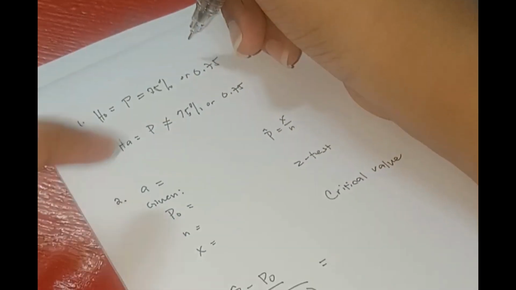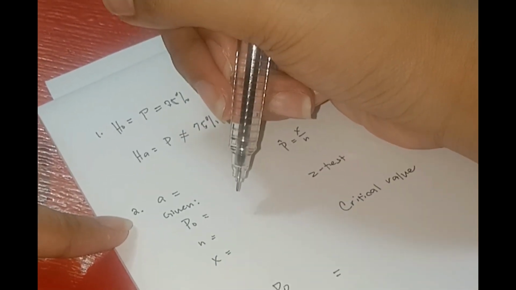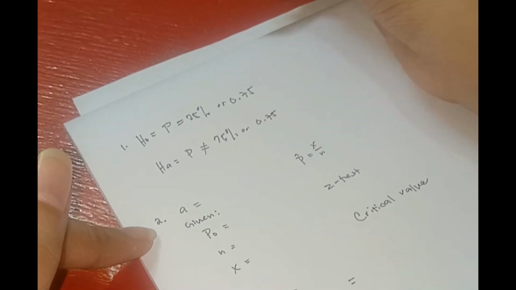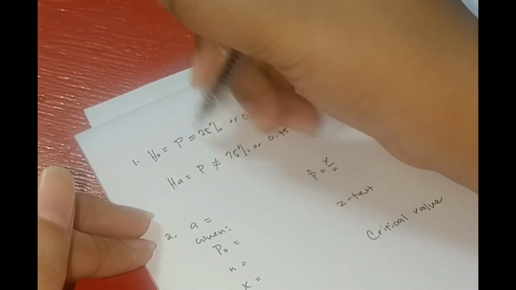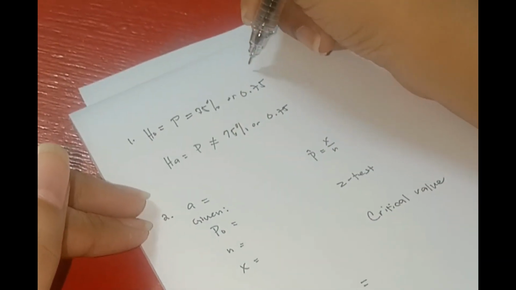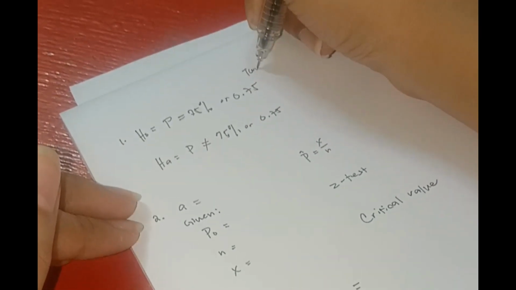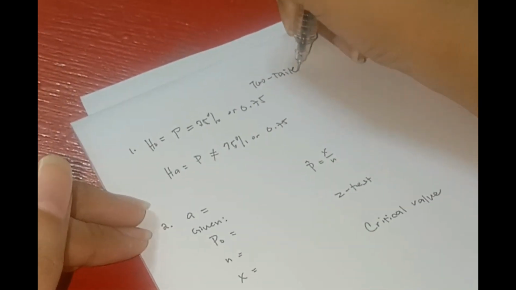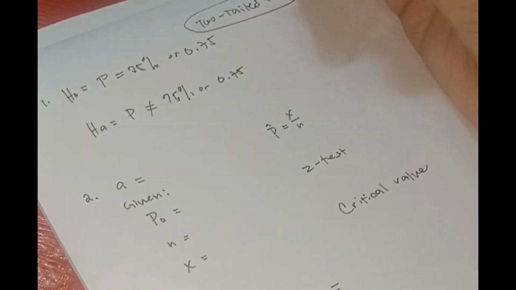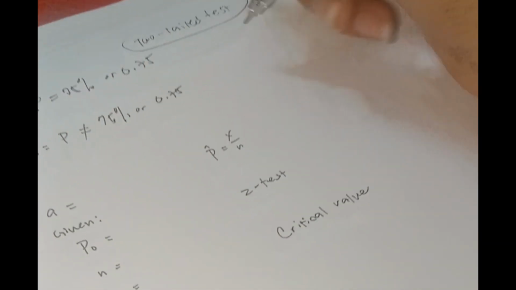I-decimal point na natin siya kasi dito sa mga given, ang kailangan natin hindi naka-percentage. Dapat lahat in decimal or whole numbers. So, by this sign, natatandaan natin, ang type ng hypothesis testing dito is two-tailed test. And then yung given na significance level is 1%.